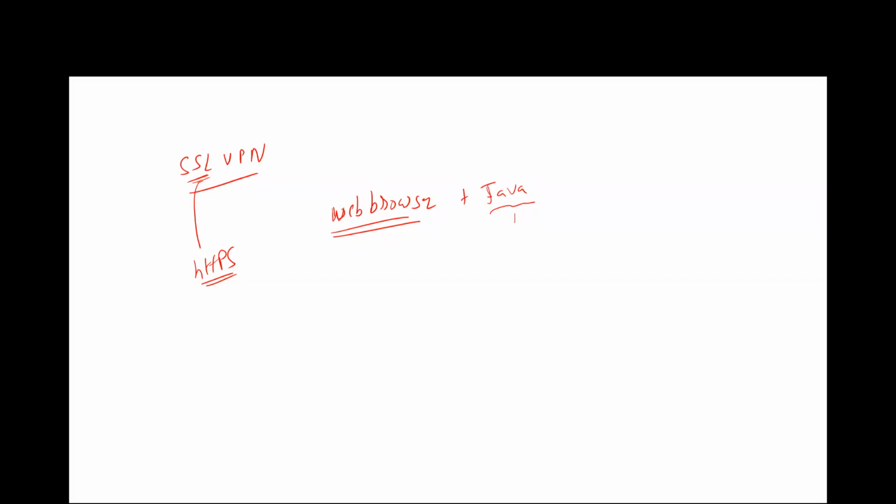As I said, here we are going to use Java along with the web browser to give us better encryption. You can also call this SSL VPN a clientless VPN, so you don't need a client application.